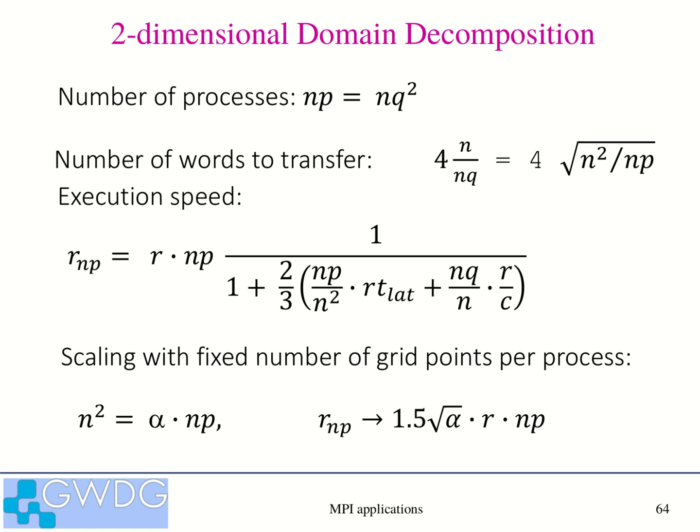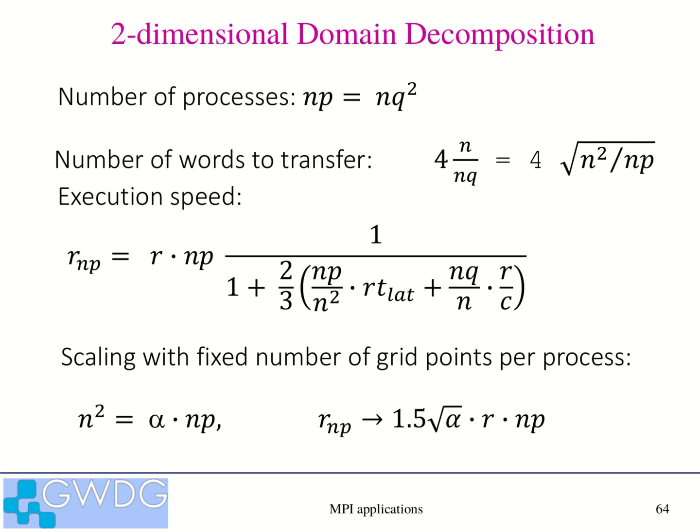Now, if you do the same analysis as before, then you have again the part from the latency, and now from the communication part, you have not np over n, but nq over n, because the size of the boundary pieces you have to transfer is only n over nq.